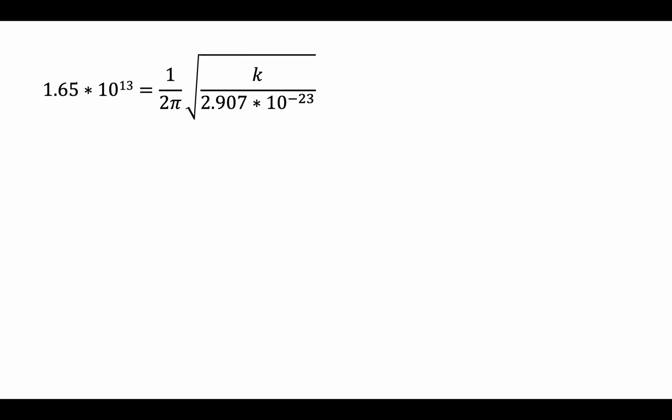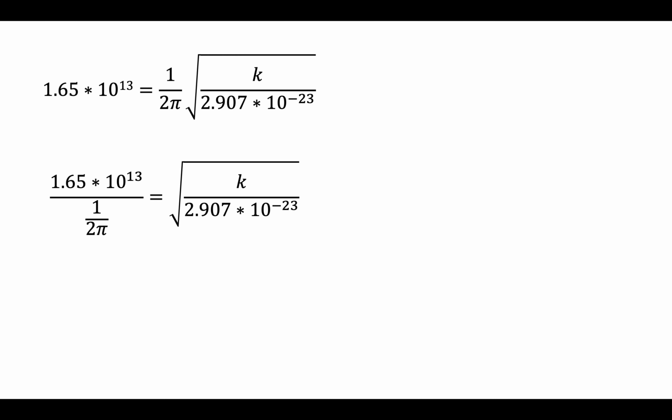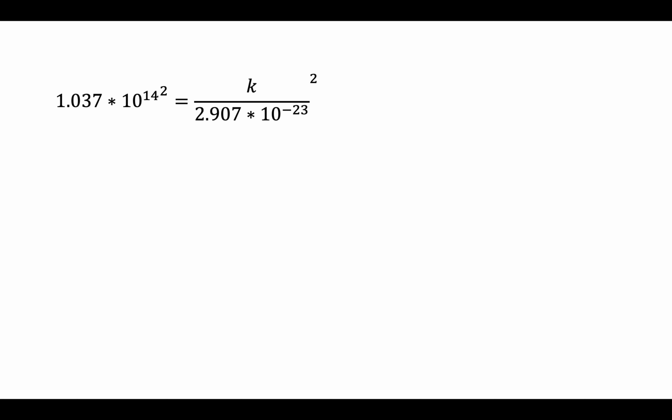Next, we just put those numbers into the original bond force equation. So here's the frequency in hertz. Here's the reduced mass in grams per bond. Now we obviously want to make k the subject, so we'll have to rearrange this. So firstly, we divide both sides by 1 over 2 pi. Then we square both sides to remove the square root.